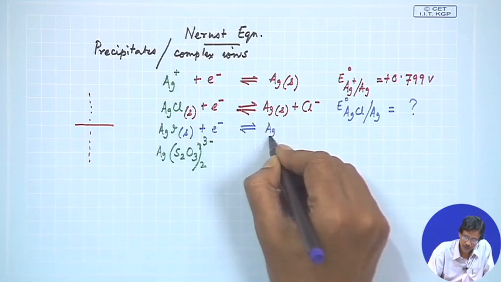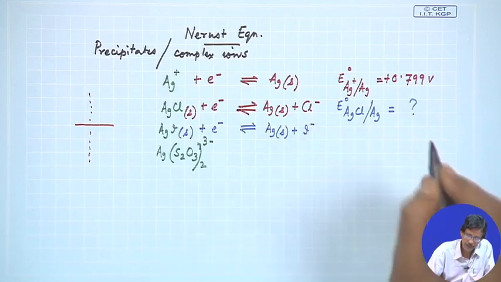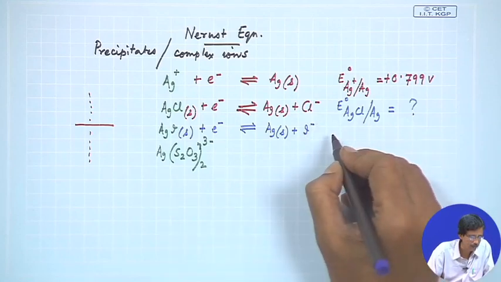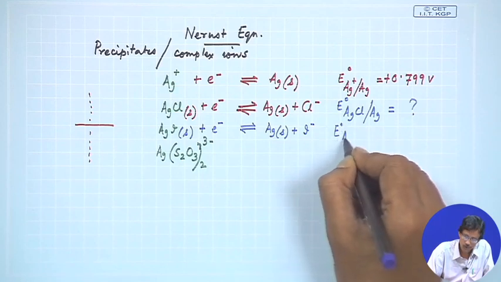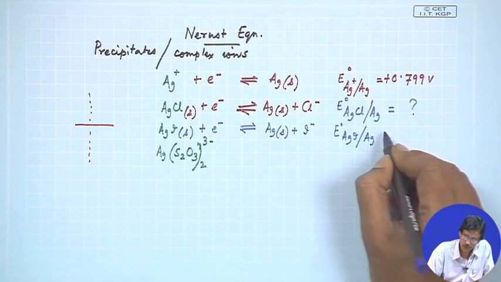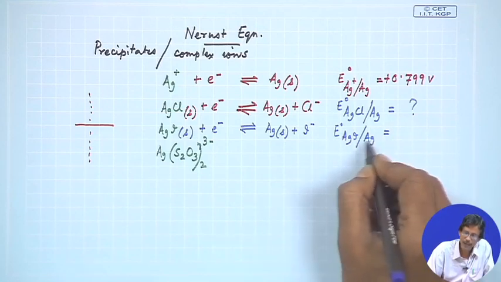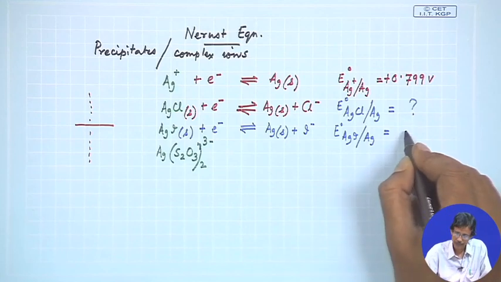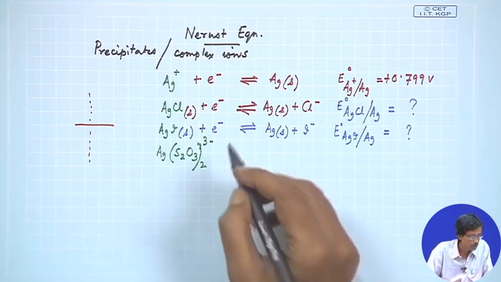In the same fashion, it can also give solid silver and the iodide ion, and here this E0 value is for silver iodide and silver electrode. That means you have the saturated salt and the wire giving rise to the corresponding half cell, but this also we should know for calculating it.